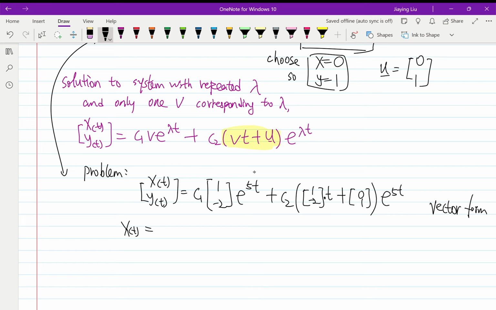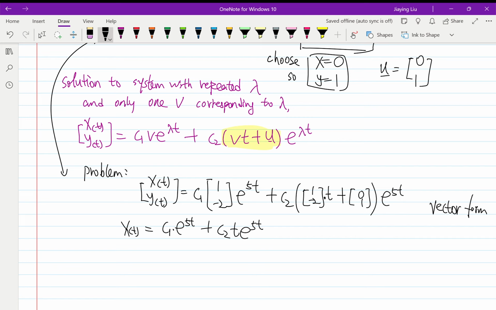So that's going to be c1 times 1, you don't have to write down the 1 there, and then times e to the 5t, so c1 e to the 5t, plus c2 times 1 times t plus 0. You don't have to write down plus 0 there, just c2 times t, e to the 5t. So that's the x of t.